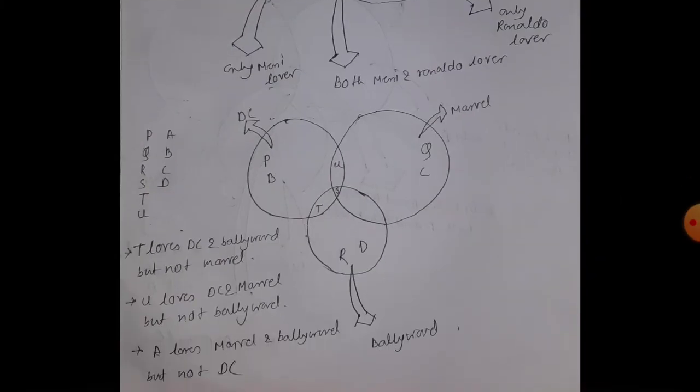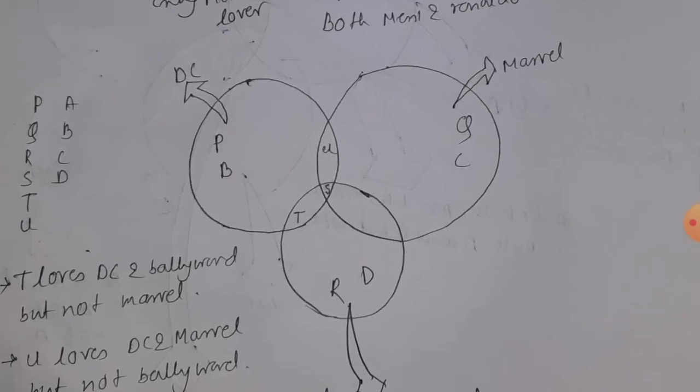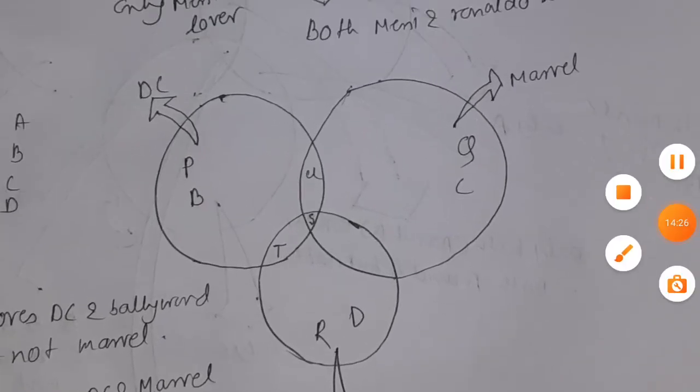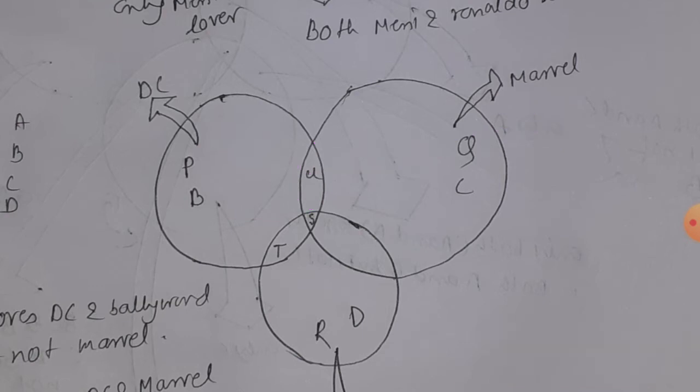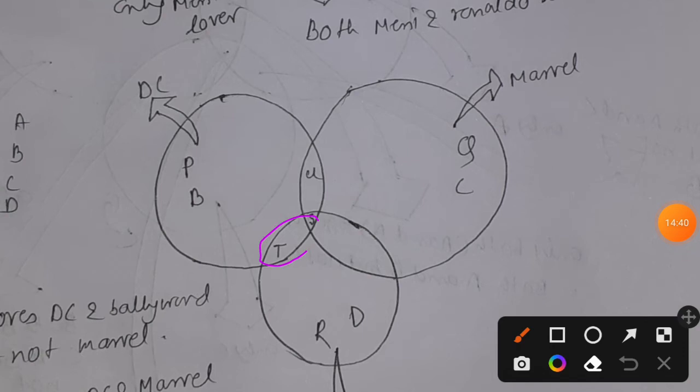Now, I have discussed each and every situation. Okay, so that part signifies the area which is for DC and Marvel lovers but not for Bollywood lovers. Okay, and this area signifies the DC and Bollywood lovers, not Marvel lovers.